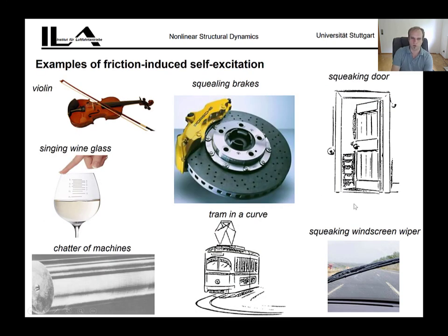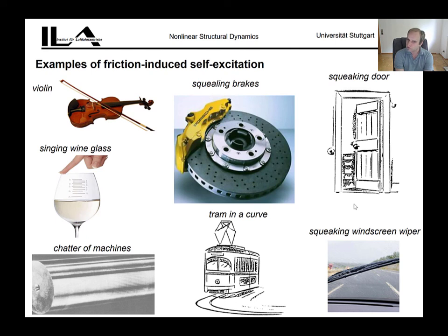Now I wanted to give you more technical examples, and actually these are technical, but some are not so technical, some are more in your everyday life, and hopefully when you now see reality, you see it in a different way, because hopefully now you see self-excited oscillations everywhere.